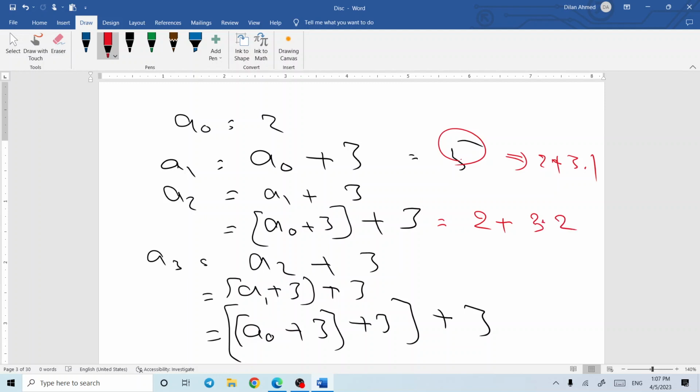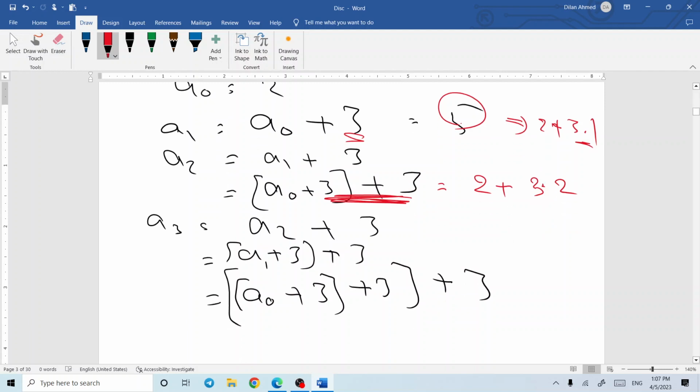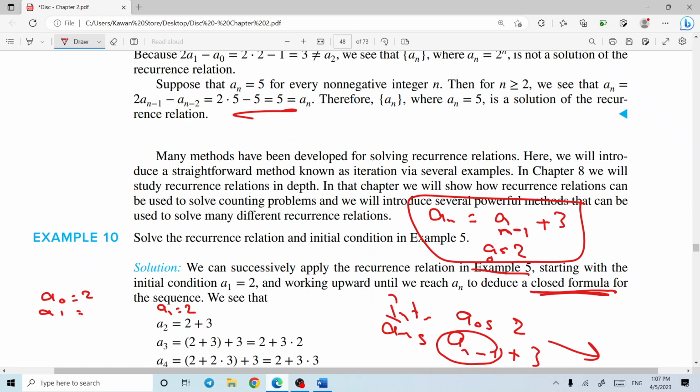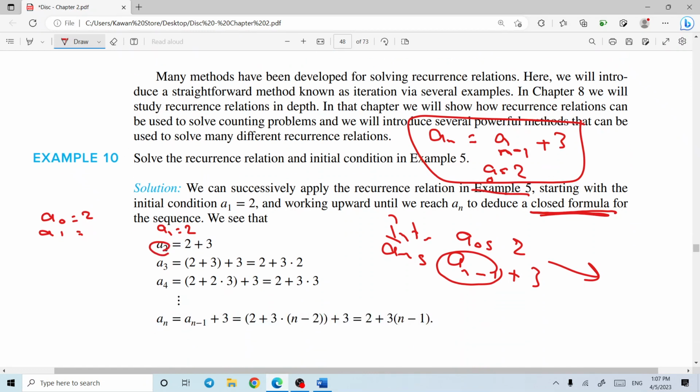Am I right? Check it. 3 times 1 is 3, 3 times 2 is 6. How about here? 2 plus 3, how many 3s do we have? Three. So like that we can go with the steps. You can see a_1 equal to 3 times 1, a_2 equal to 3 times 2, a_3 equal to 3 times 3, and a_n equal to what? a_0 plus 3 times n minus 1.